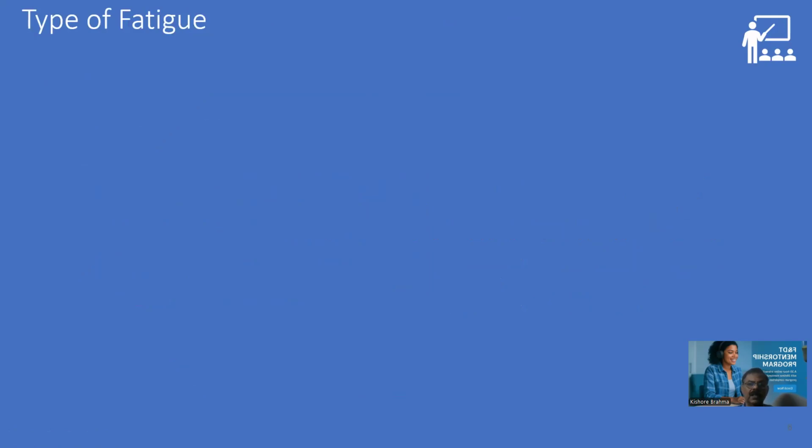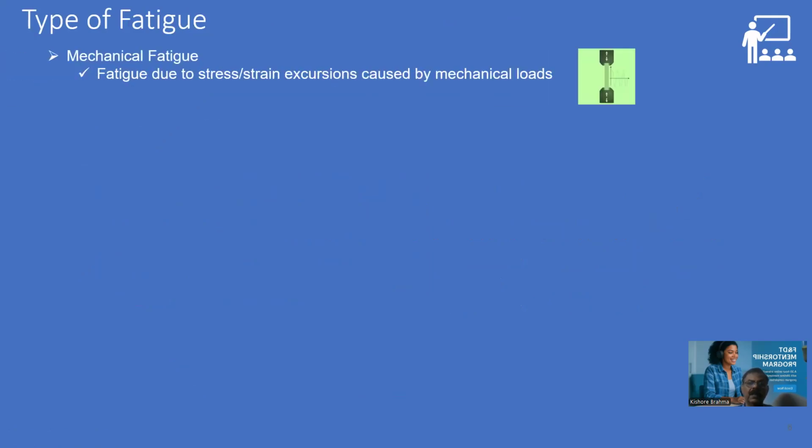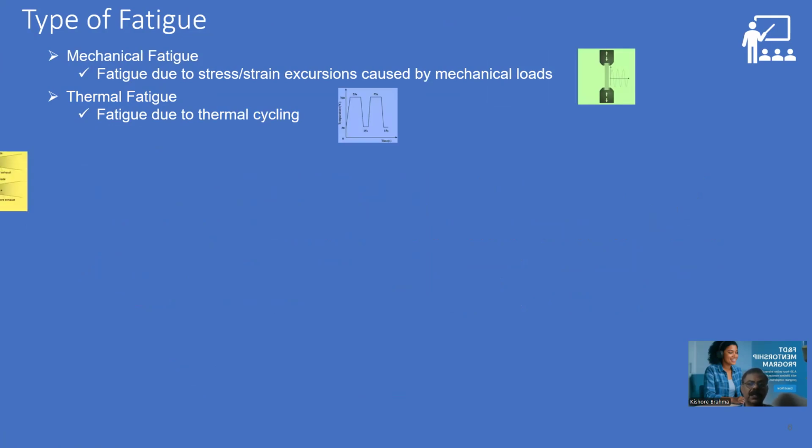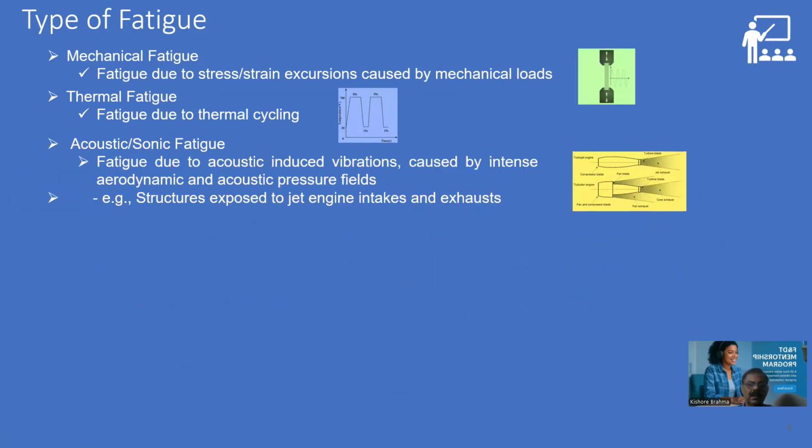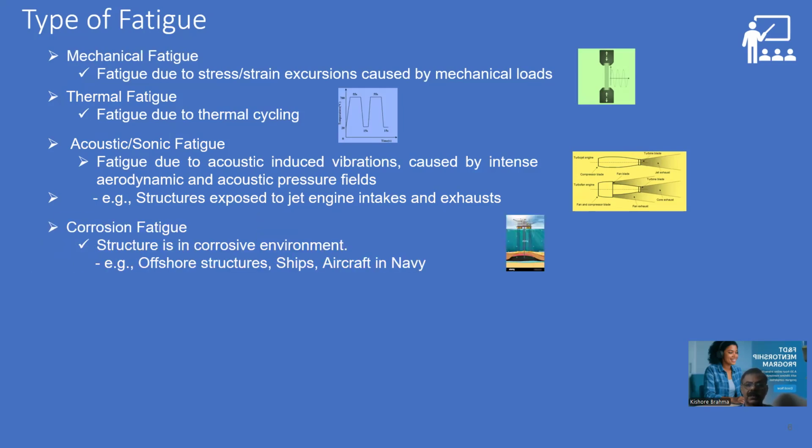To understand fatigue, it is categorized into different aspects. One is called mechanical fatigue, which occurs due to stress or strain. Then, if there is a variation of temperature, that induces thermal cycling. Then fatigue due to sonic or acoustic loading happens due to vibration caused by intense aerodynamic and acoustic pressure fields, for example, structures exposed to jet engine intakes and exhaust.